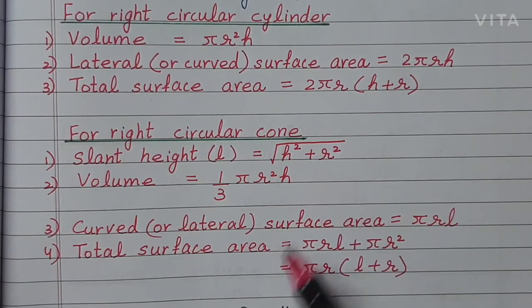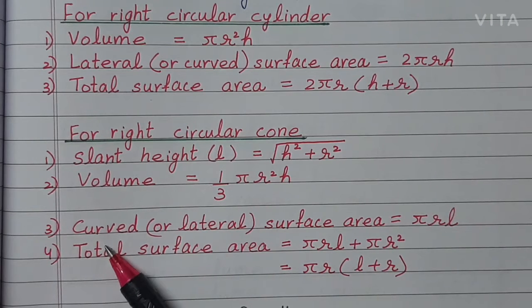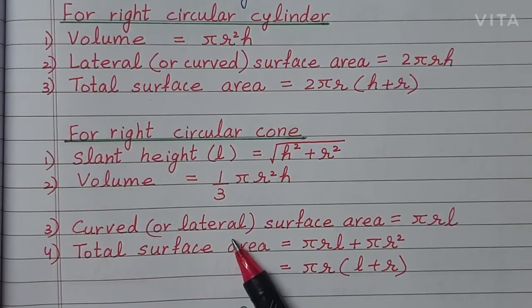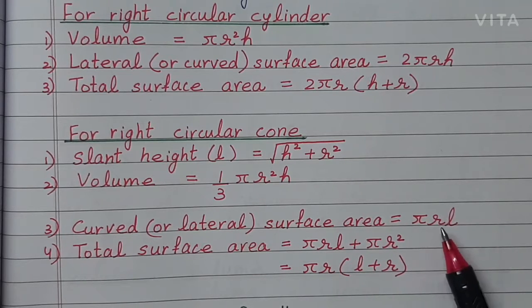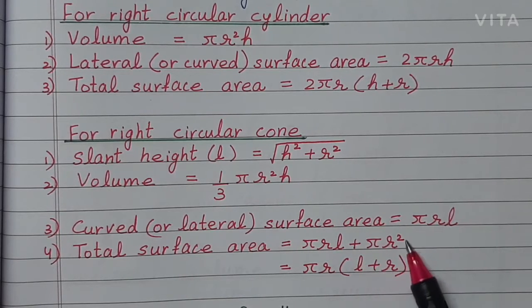Clear? The next formula is curved or lateral surface area, which is pi r L, where L is the slant height, and total surface area is pi r L, that is curved surface area, plus the area of the base of a cone, that is pi r square.